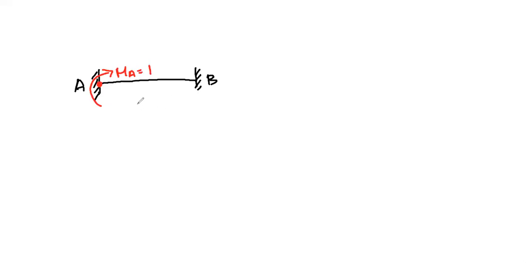We all know from strength of materials, when we discussed the stiffness matrix, that when the far end is fixed, here the far end from point A means the next support B, and B is a fixed support, the moment carryover factor will be reduced to half.